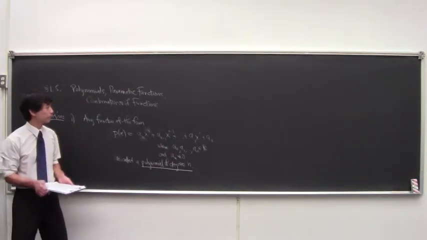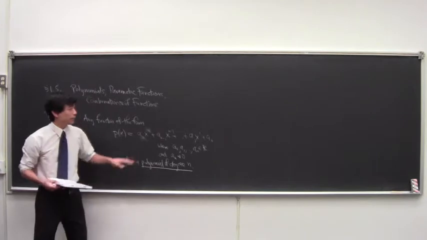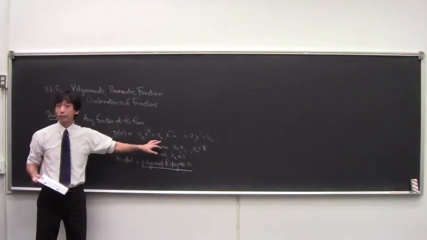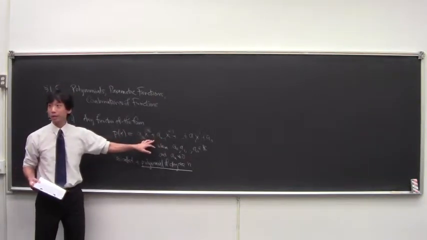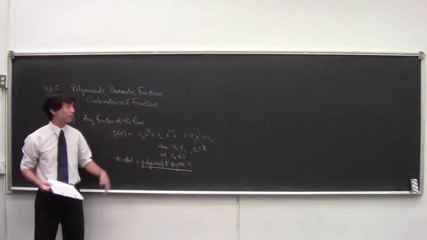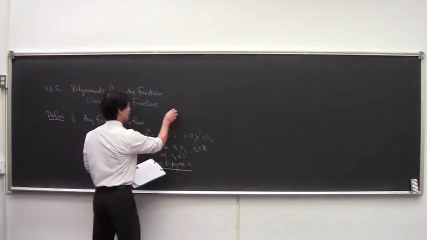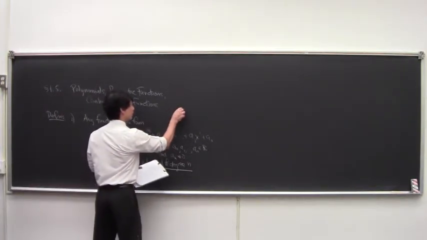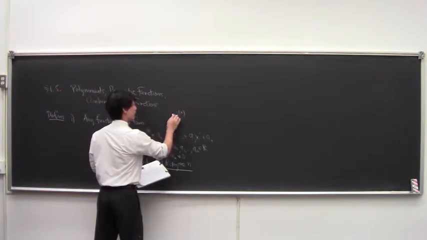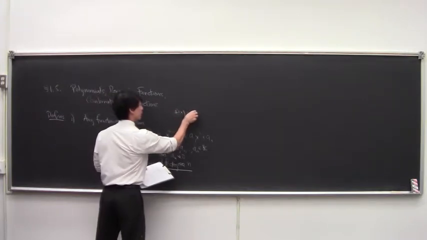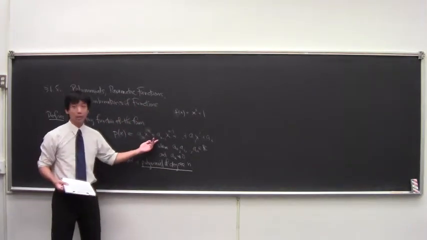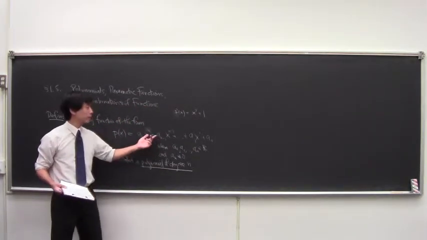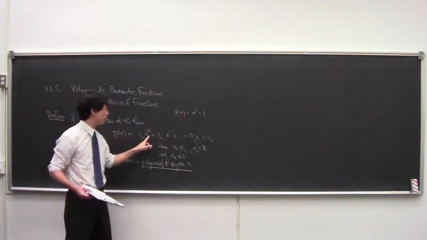Right. So this is just like a general form that any polynomial will fit into. Any polynomial is going to look like this. So if you give me an example of a polynomial, let's say f of x is x squared plus 1, well, that falls into this form. It's the case where n is 2.